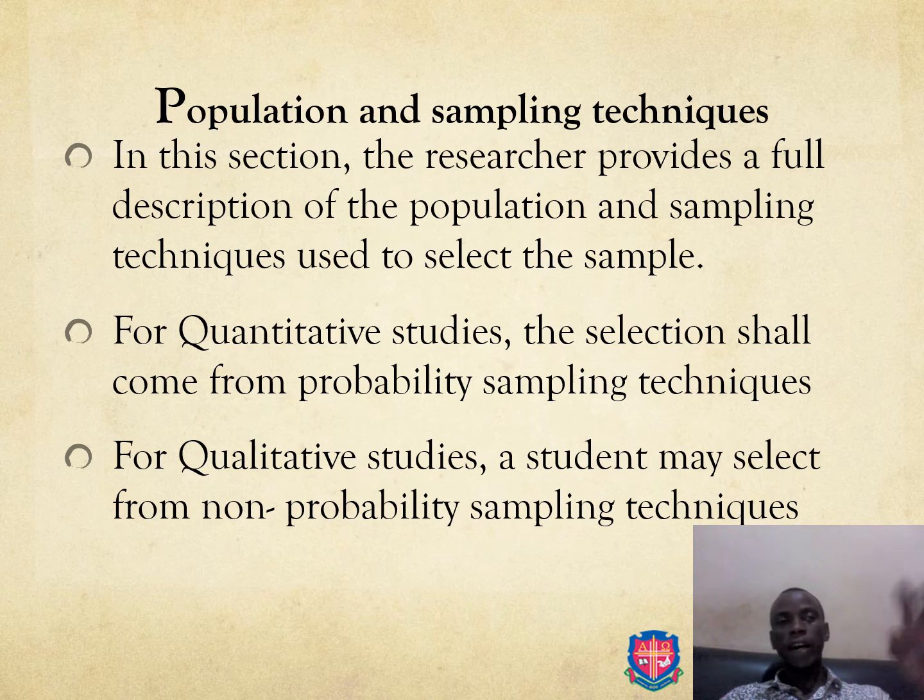So if you're 100, the rightful sample will be 80 for a quantitative study. Meaning you're 100 in class, I have to pick out 80 to represent the entire class. You can go on and read the table and see if the population is 200, what is the rightful sample, and so on.